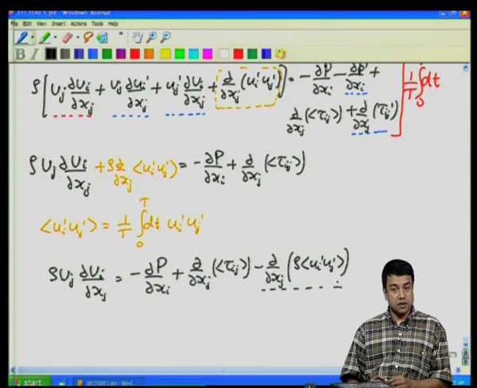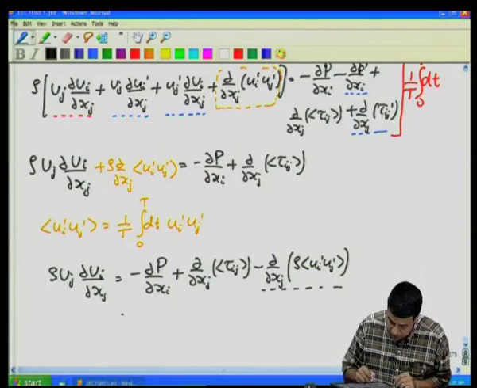This additional term is also the divergence of a second order tensor, rho times u_i' u_j'. So in the momentum equation, this acts in a manner similar to the stress tensor.